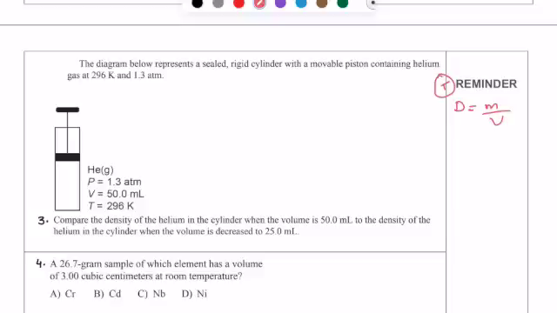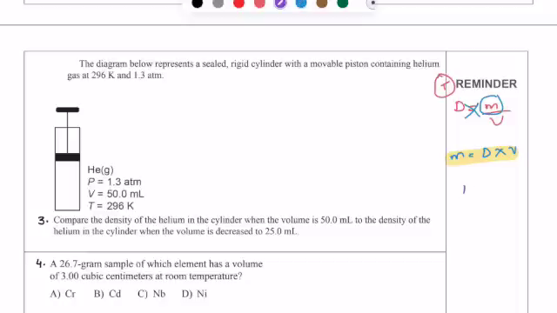In that case, you can simply do the crisscross. If you want to solve for mass, mass is equal to density times volume. So this is the first equation that you must remember. And then the second equation that you should remember is the equation for volume.